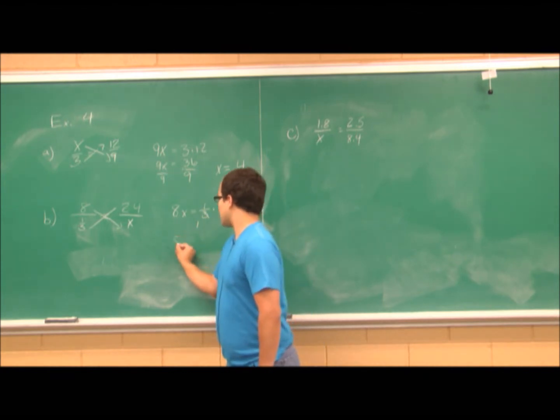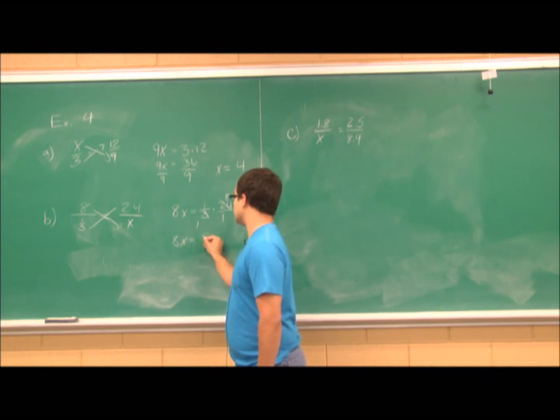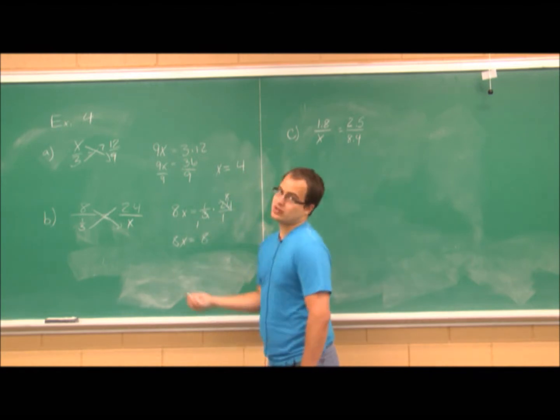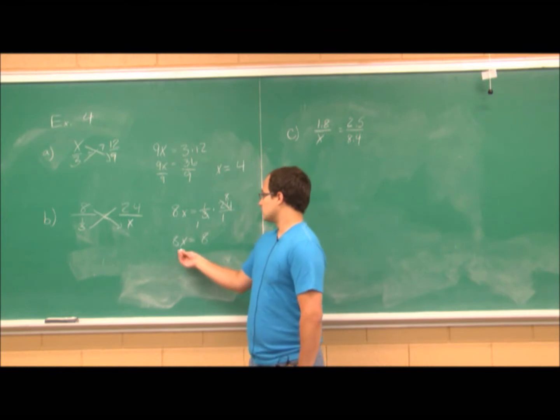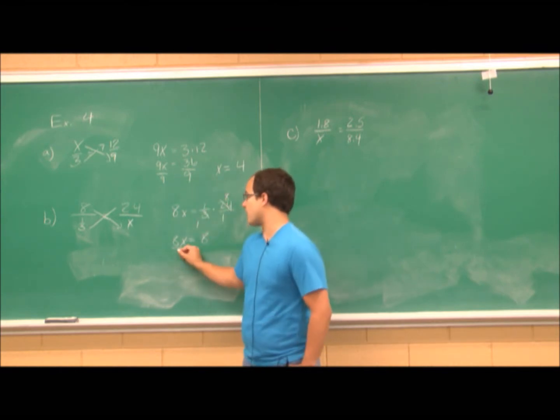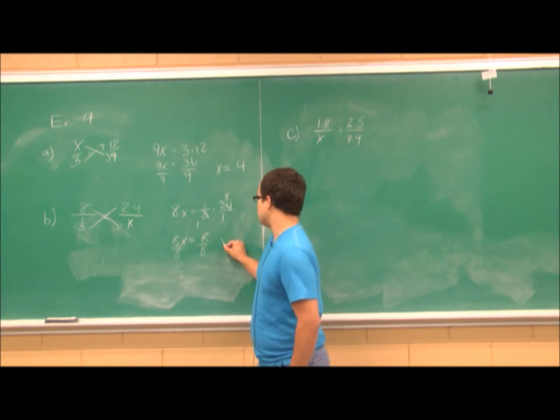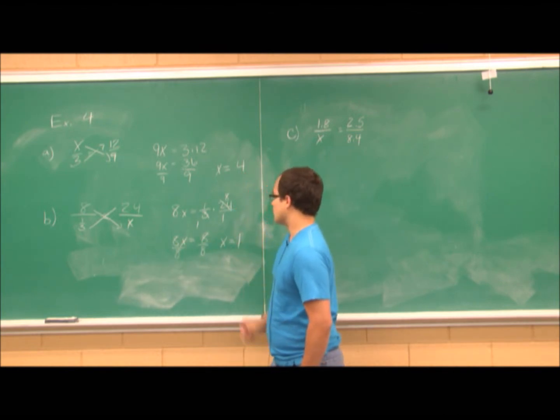That means 8x equals 8 times 1 over 1 times 1, or just 8. To solve for x, the same step as up here, we have to divide by 8 because we're multiplying by it, which means x equals 1.